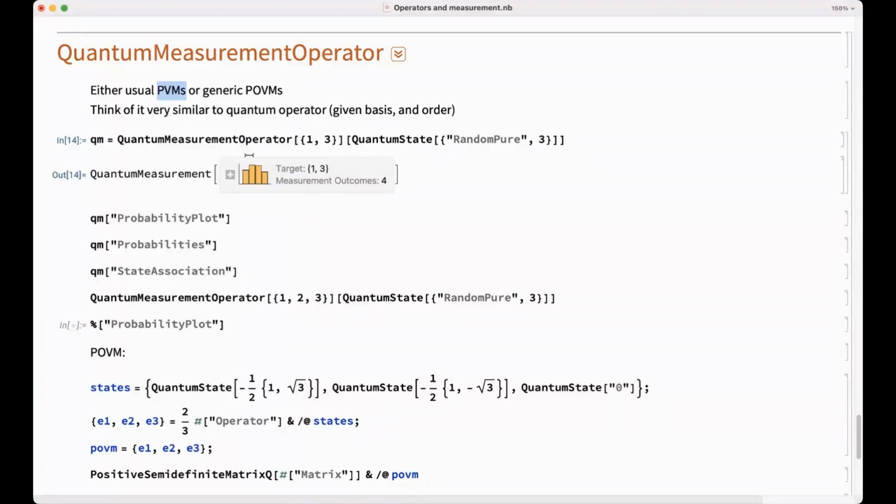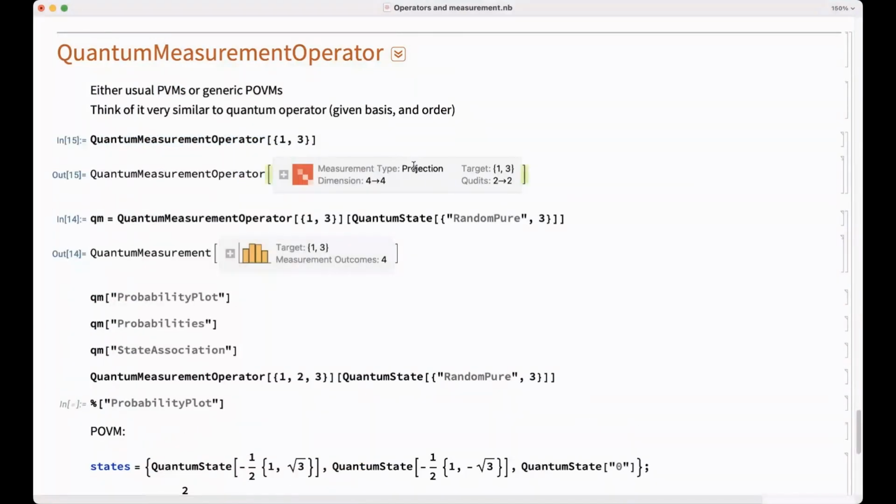What we are doing here is measuring qubit number 1 and number 3 in computational basis, on a random pure state of 3 qubits. So the measurement is literally just measuring 2 of the subsystems.